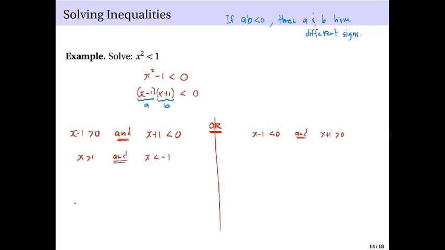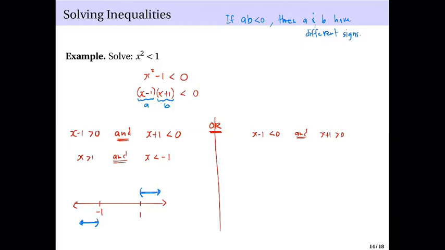Graphically, it's something like this. So this is your negative 1. This is your positive 1. This x greater than 1 is represented by this, so you have all x's greater than 1. This x less than negative 1 is represented by this, all x's less than negative 1.